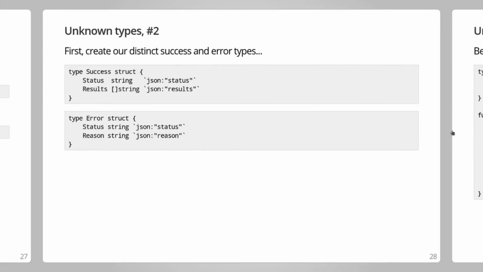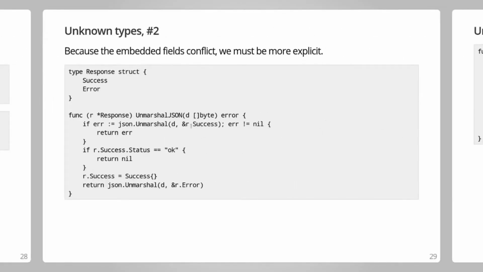This will just be blank. So after we've unmarshaled to success, we check the status value. If it's okay, as we expect for success, then we're done. We return nil. If we get any other value, we assume it's an error. So then we set the response.success value to a zero value, and then we unmarshal to error.